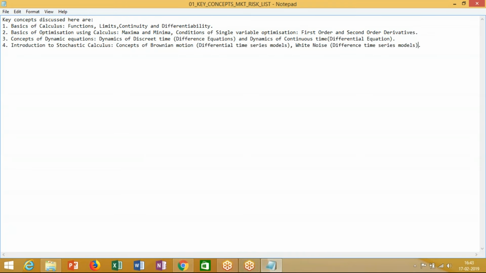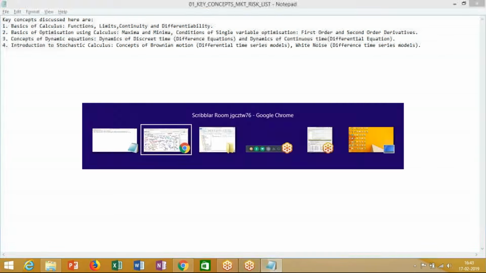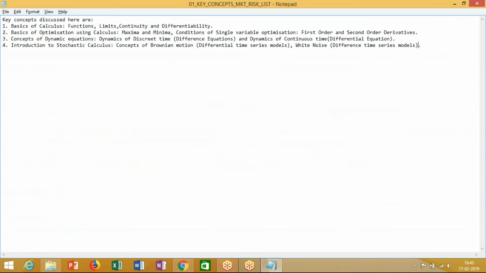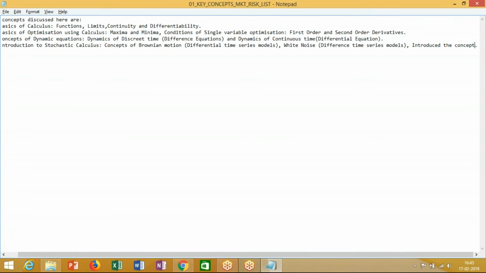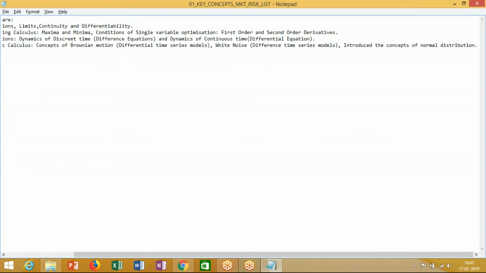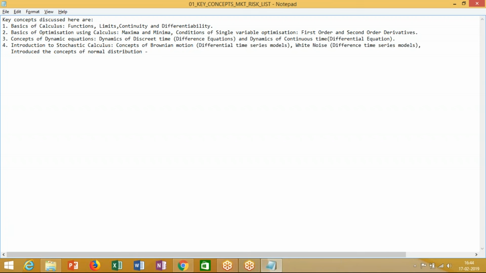Now, after we introduced these stochastic concepts into our discussion, to explain this we introduced the concept of normal distribution. What is the concept of normal distribution over here? Why do we introduce it?